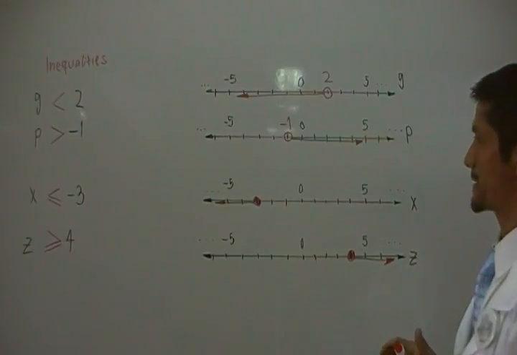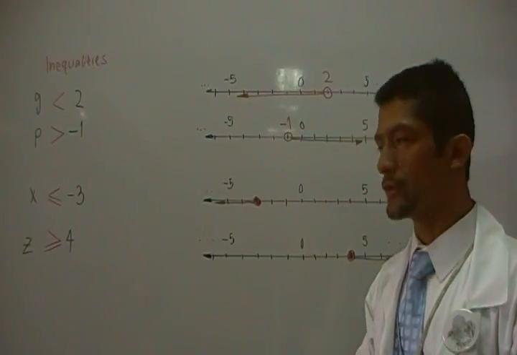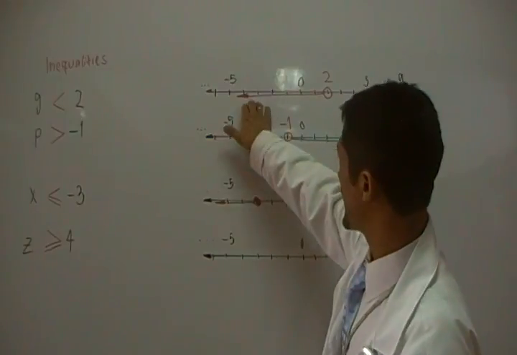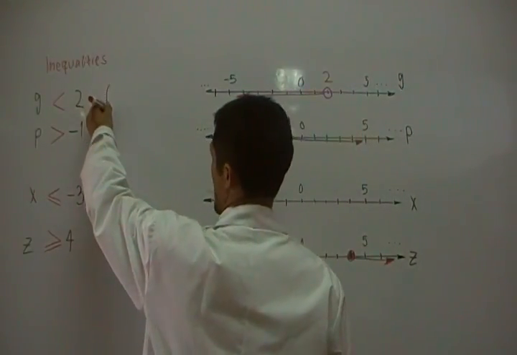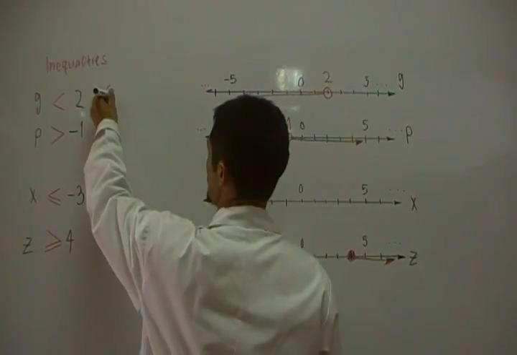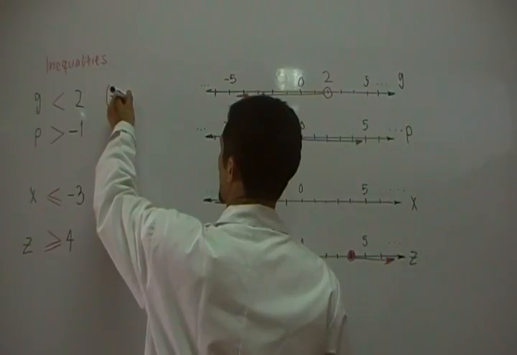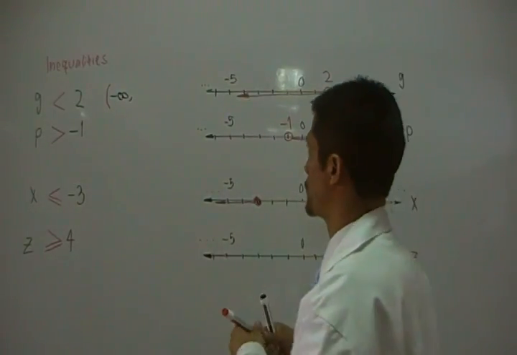If we take a look at the 4 examples, we can also write those in interval notation. Since this one begins in the infinity, we know that infinity has no limits. So negative infinity is the beginning, and the end, or the boundary or limit, is 2.